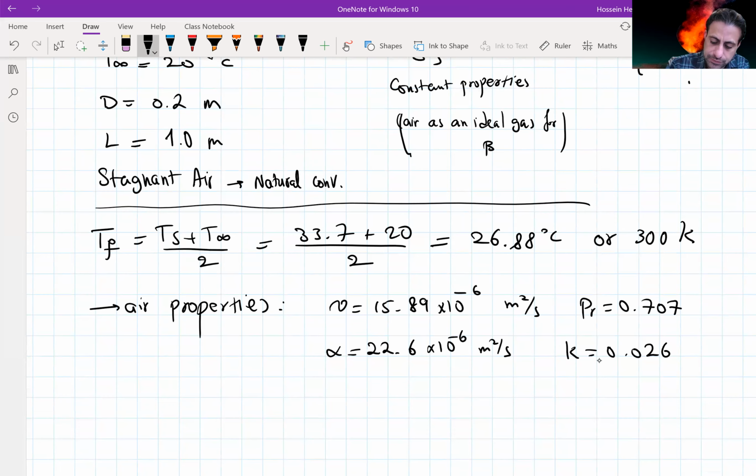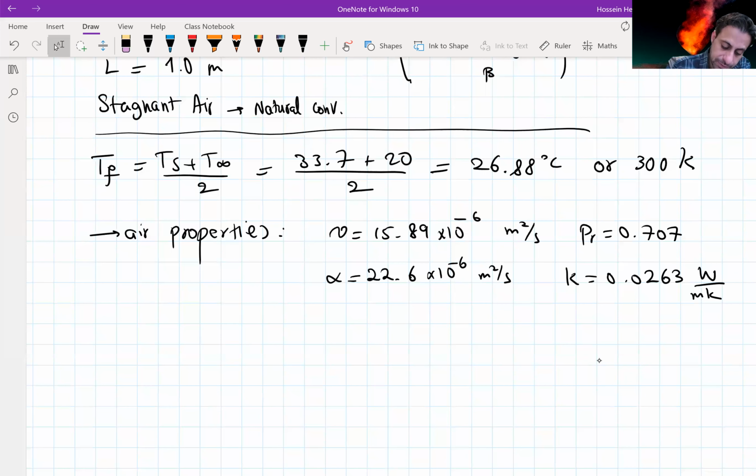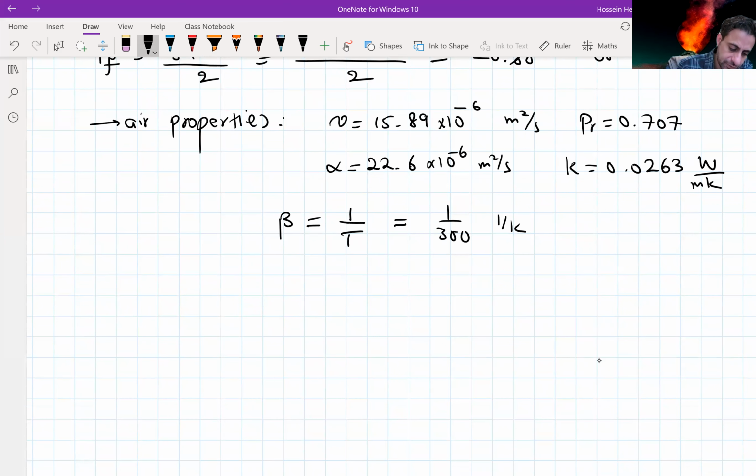Conductivity is 0.0263 watts per meter Kelvin. And the other property that we need is beta, the expansion coefficient, which for an ideal gas is going to be 1 over T, 1 over 300, per Kelvin. So these are the properties for part A, where we have a horizontal pipe.